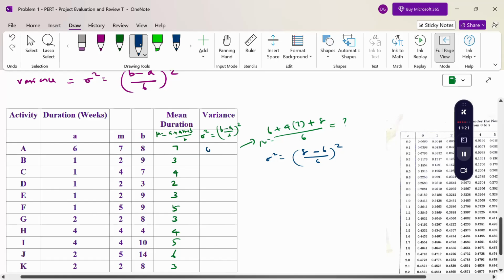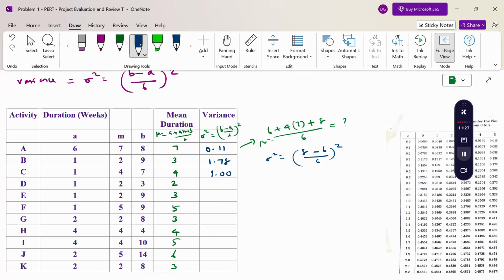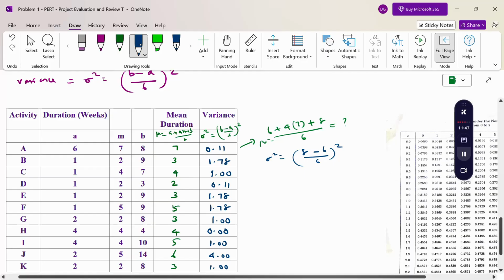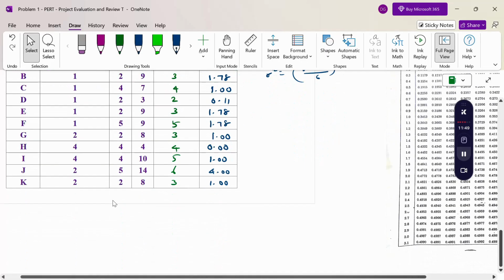Therefore 0.11, 1.78, 1.00, 0.11, 1.78, 1.78, 1.00, 0.00, and then 1.00, 4.00, 1.00. Using these two formulas, we calculate the mean and variance.